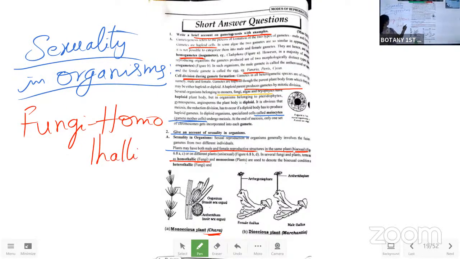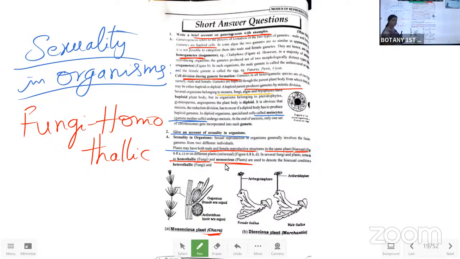Homothallic means on the same organism, both the sex organs are going to be seen. And monoecious, the plants are the monoecious. Fungi only we will call homothallic, because the fungal body is called a mycelium. So homomycelium we cannot say. That is homothallic only we can say.